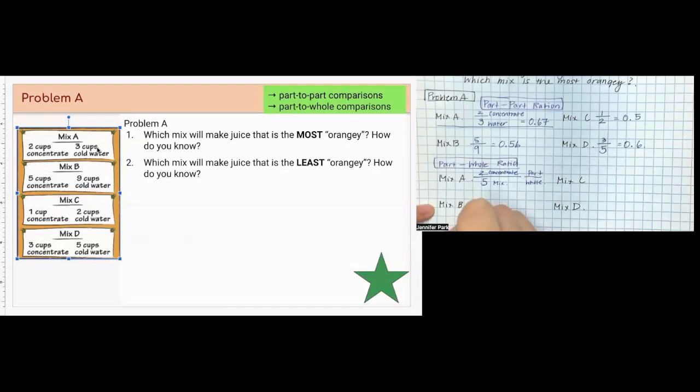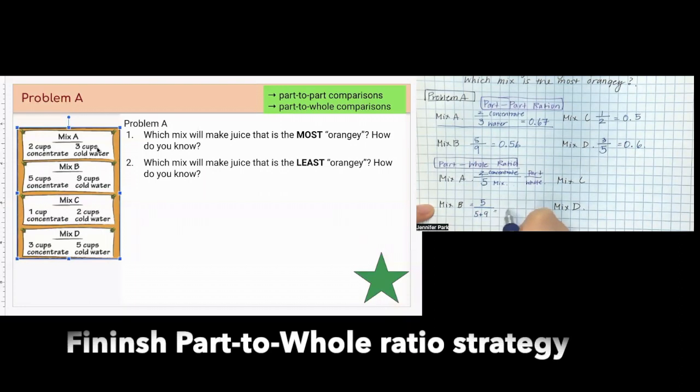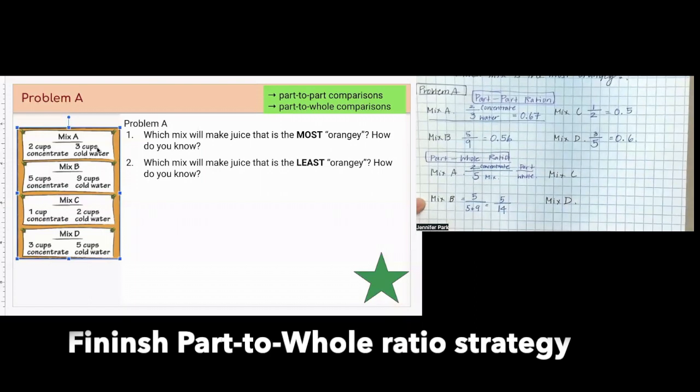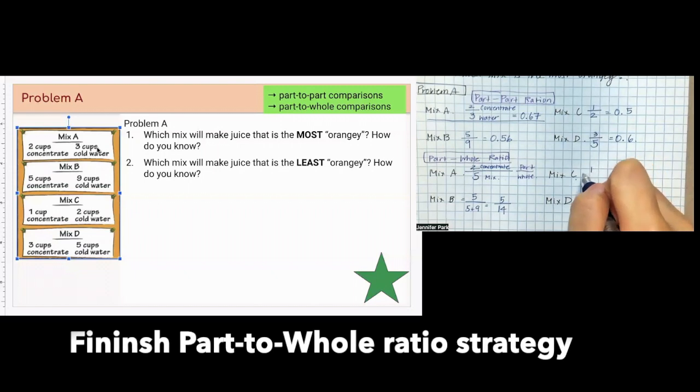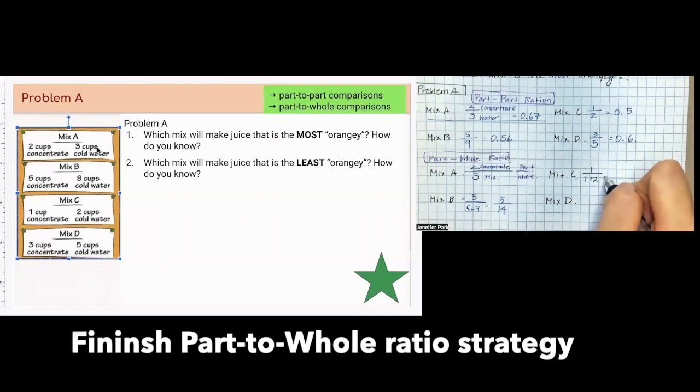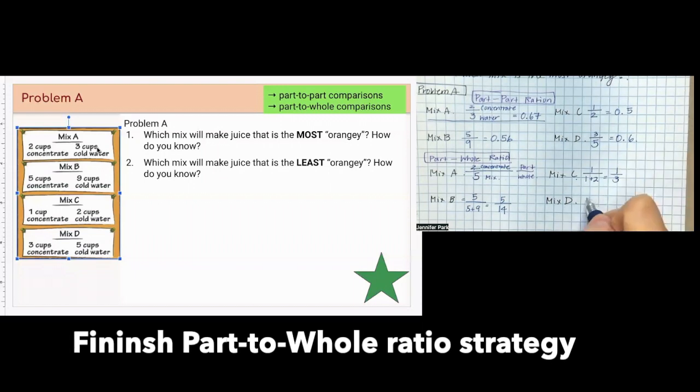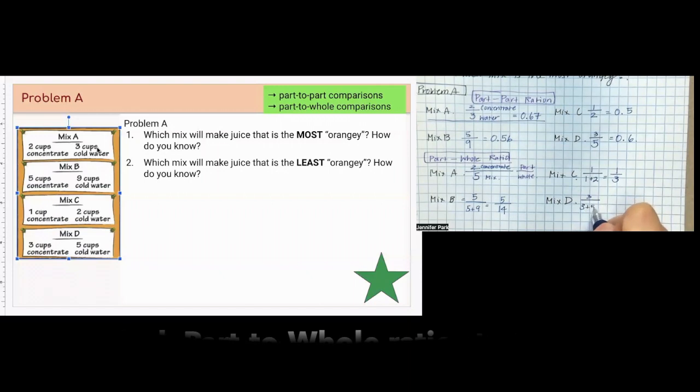Okay, so let's do the same thing for mix B. Mix B has 5 cups of concentrate, but if we combine the 5 cups of concentrate and 9 cups of water, that's going to be 5 concentrate to 14 mix. Mix C, that's going to be 1 cup of concentrate, and we're going to combine the concentrate and water together, so 1:3 ratio. Mix D, 3 cups of concentrate, and we're going to mix the concentrate and water together, so that's 8 cups total for the mix.